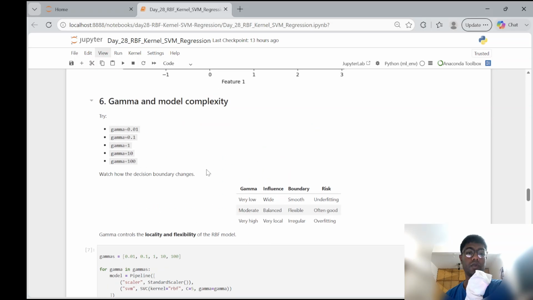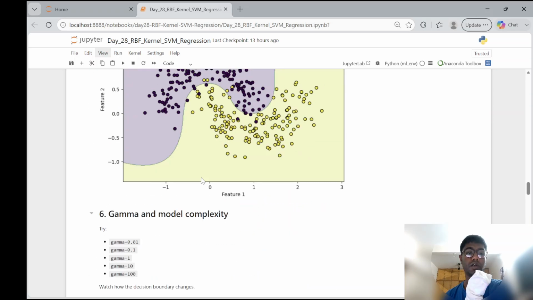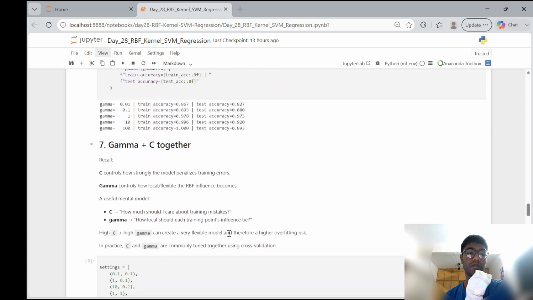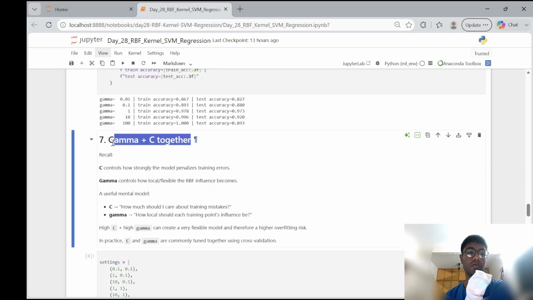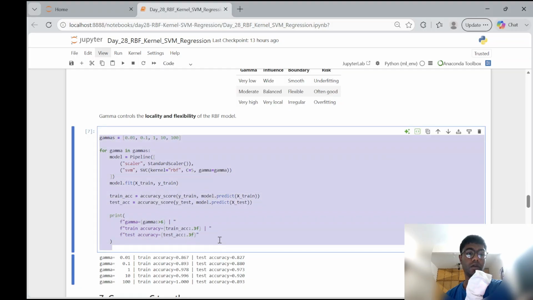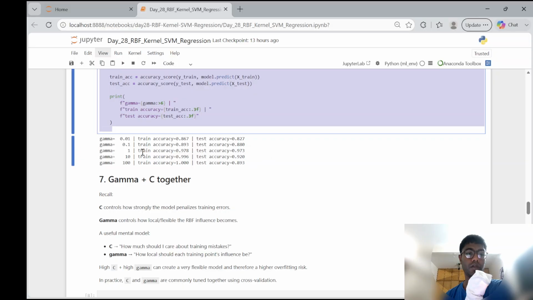A very low gamma value means wide and smooth, and it corresponds to underfitting. The other way around for the other parameters, right? We have understood how the combination of these two works with an example as well. So do play around with it and see that the optimal values are around 1, which gives the best train and test score, while low gamma gives both low train and test accuracy.